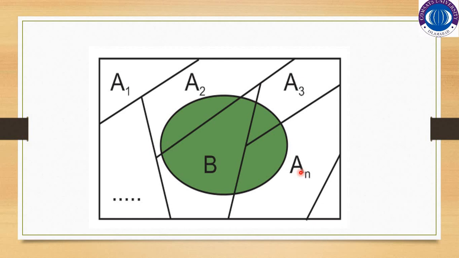So you can find out the probability of B by using the total law of probability, which is equal to probability of B intersection A1 plus probability of B intersection A2 up to so on probability of B intersection AN, which would be equal to summation probability of AI into probability of B given AI, where I is equal to 1 to n.